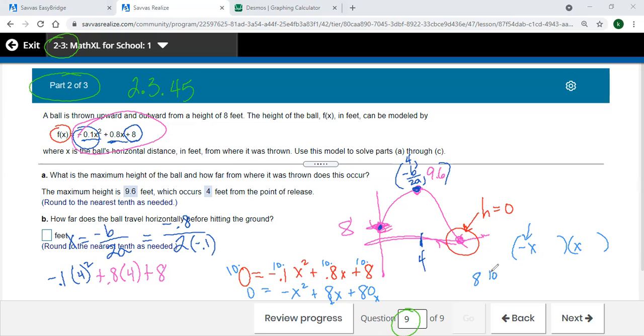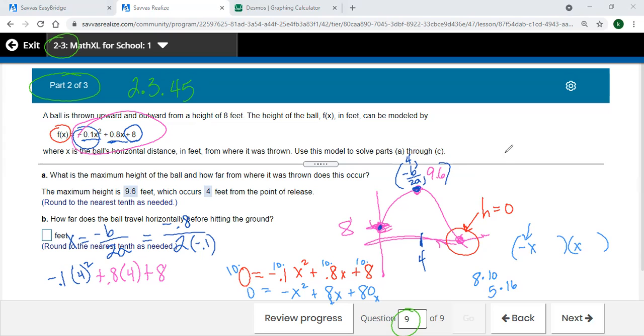So like 8 times 10 would be 80, right? But that's not going to give me a difference of 8 in the middle. So I think 5 goes into 80. But I think that's 5 times 16. I don't really see it.